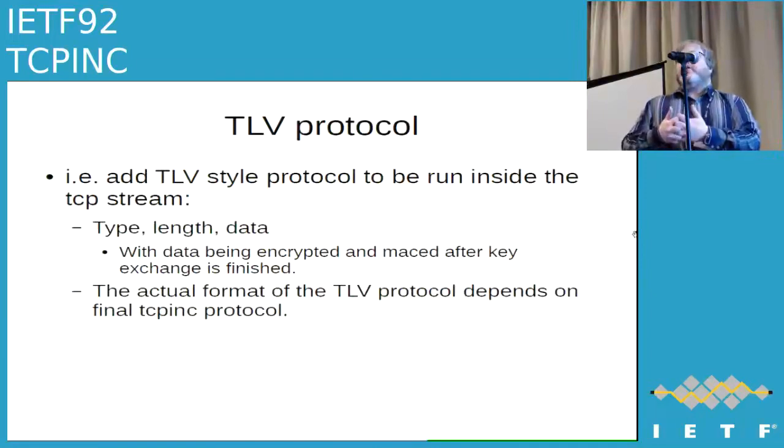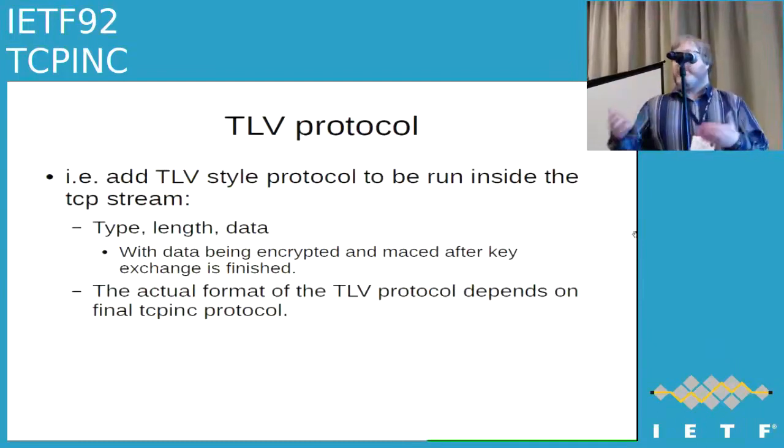Somebody in the middle, a middlebox who knows about Tcpinc, can recognize, oh, this is now shutting down, and it's beneficial for me to know that, so I can start tearing down the state. So this is one of the design choices we have to make, and I don't know which one is better, to be encrypted or not. Of course, when we are doing the initial stuff, meaning the key management, we don't have keys yet, so the packets are going to be plain text anyway. So that is one of the things we have to think about.